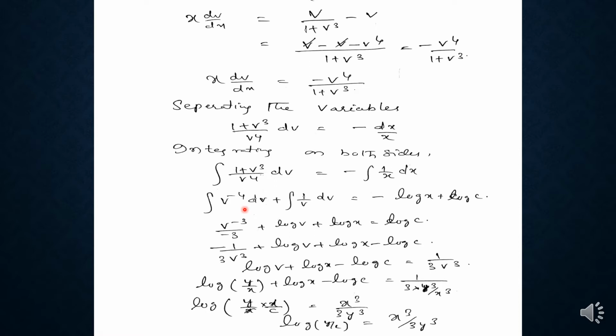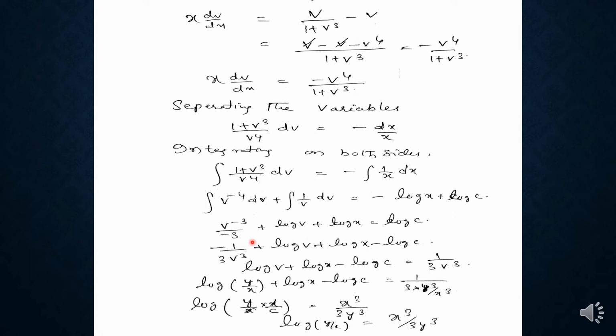By using that formula, we can write it as v to the power of minus 3 by minus 3 plus, you know that v cube by v to the power of 4 dv becomes 1 by v dv, that is log v, and this is equal to minus integral 1 by x dx is minus log x plus log c. We are taking the constant also in terms of log, that is log c.